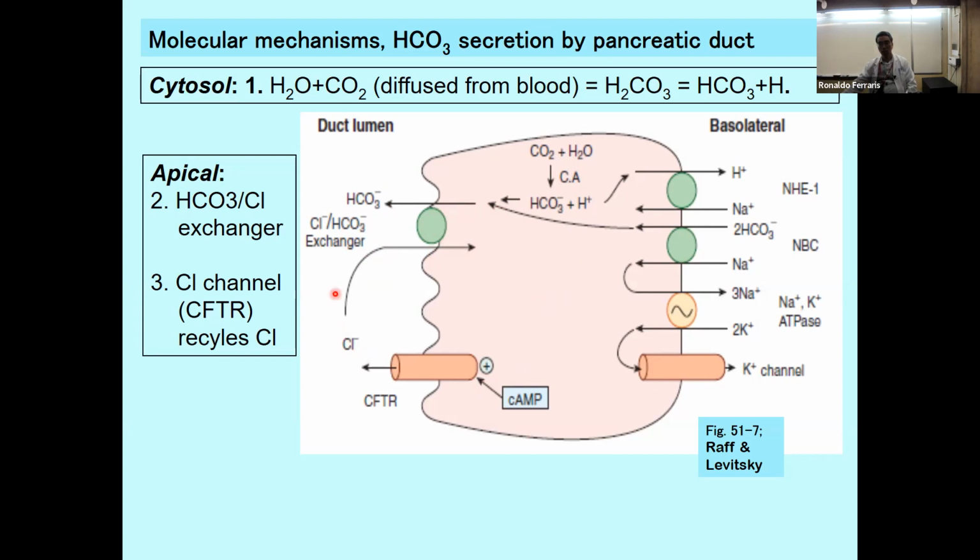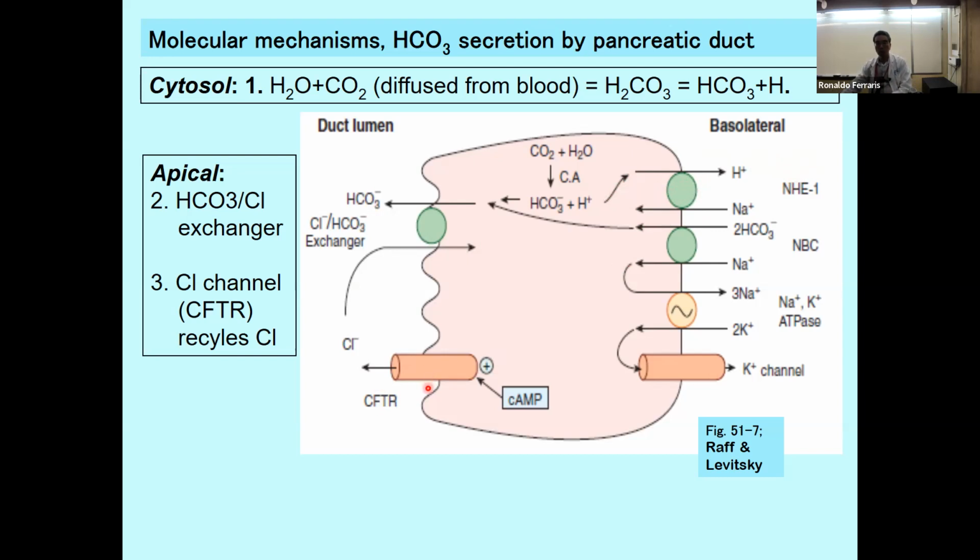And then we have a recycling of your chloride. So we have a net secretion of bicarbonate. The protons are extruded to the blood side by the sodium hydrogen exchangers. Okay, because you want to put them away to the blood side.